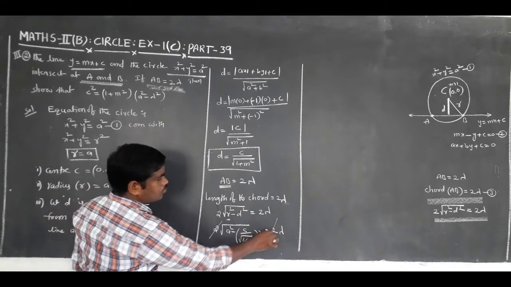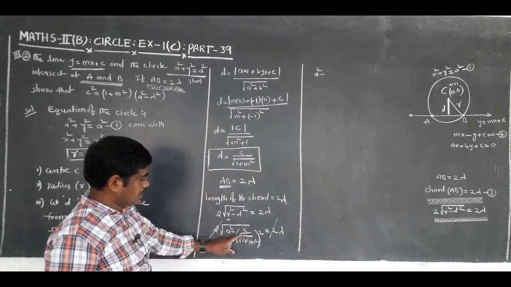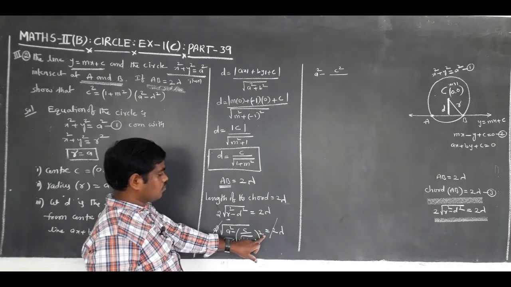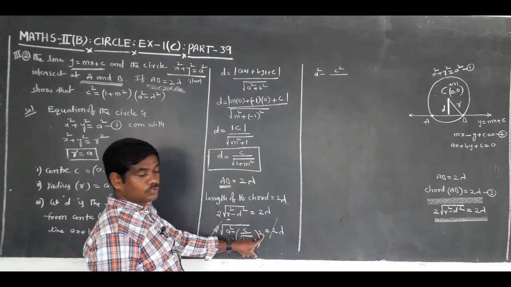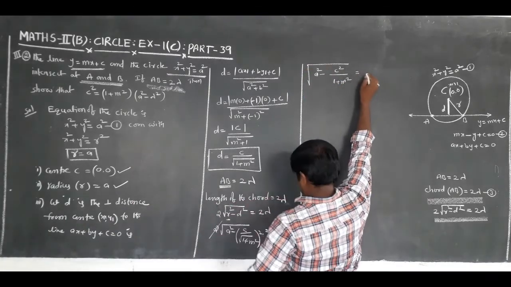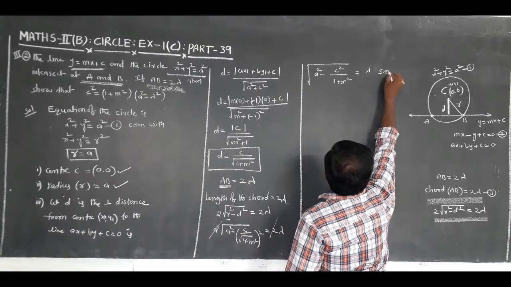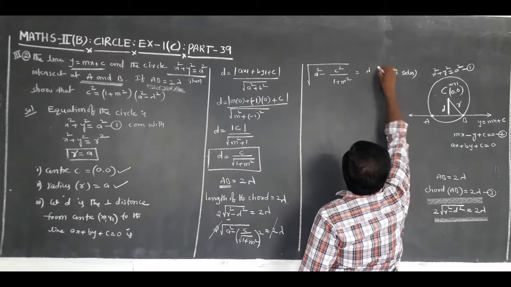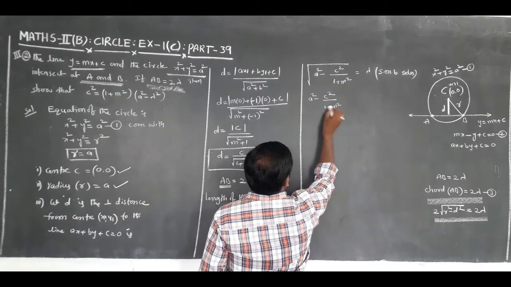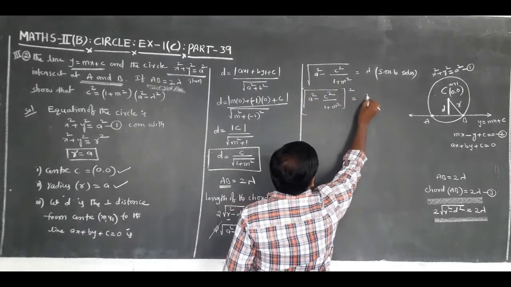On both sides, 2 cancels. Under root of a square minus c square by 1 plus m square, the square root cancels, and under root of 1 plus m square is equal to lambda.